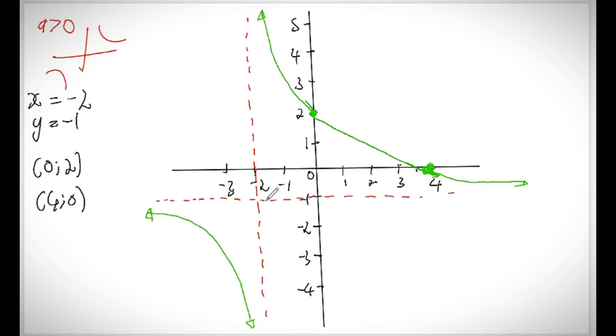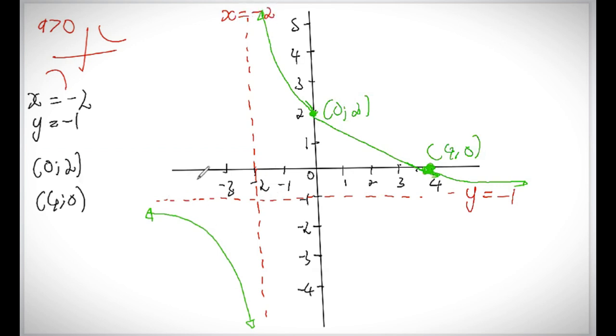So you have clearly shown all the intercept with the axis. So you can even go there and label them. This is 0:2. And then this is 4:0. Then we have the equations of the asymptotes here. That's y is equals to -1. And then here we have x is equals to -2. Right.